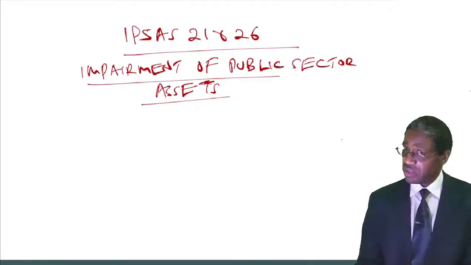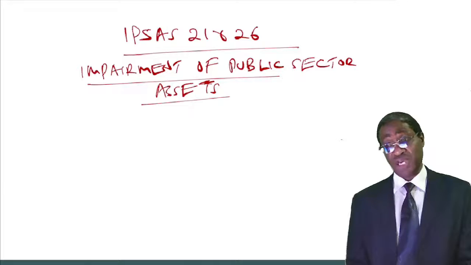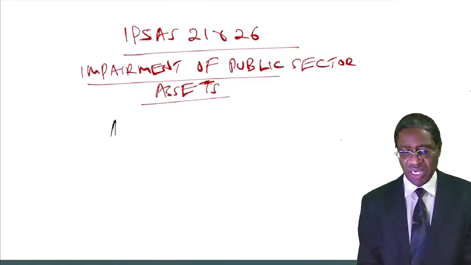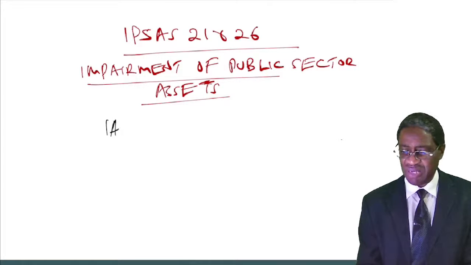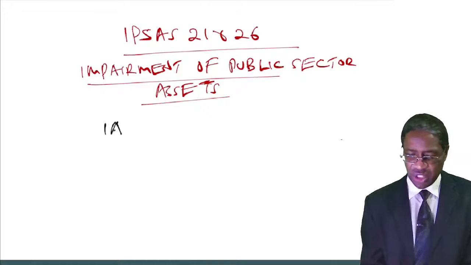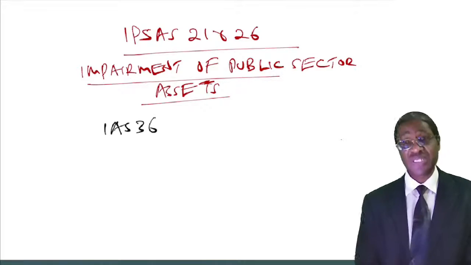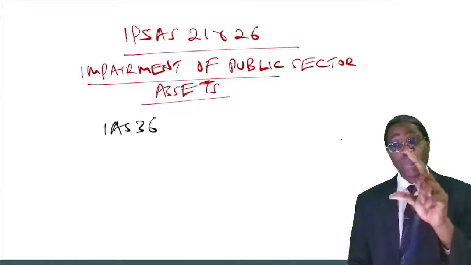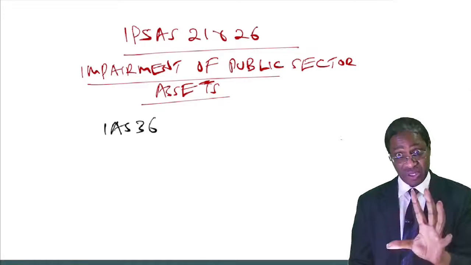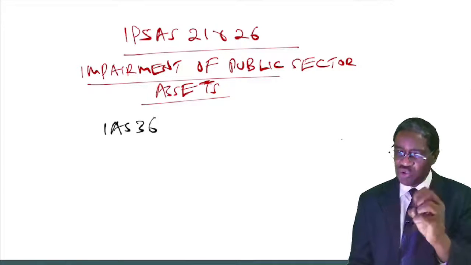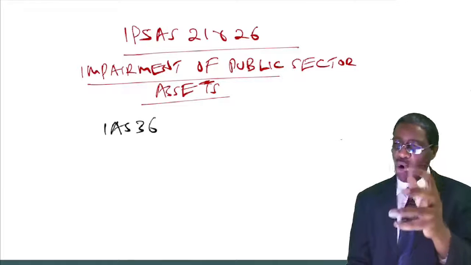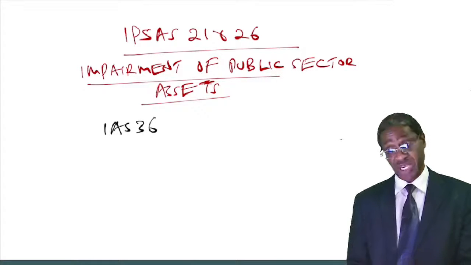We said for impairment of assets, that was covered under what we were calling IAS number 36. The International Accounting Standard number 36 was the one for normal businesses. So I want to remind you that, because there are some concepts we shall borrow from there.